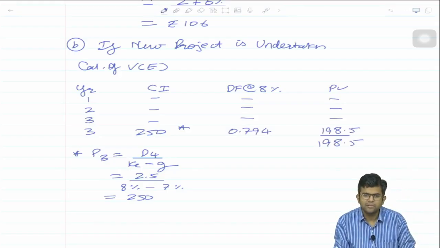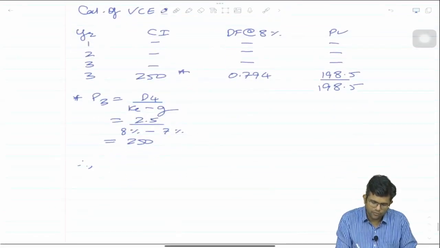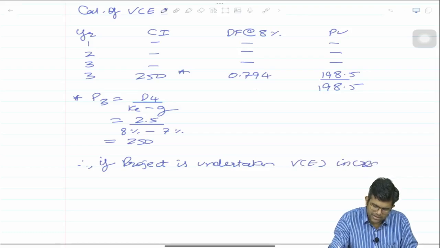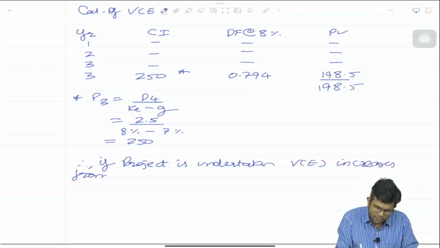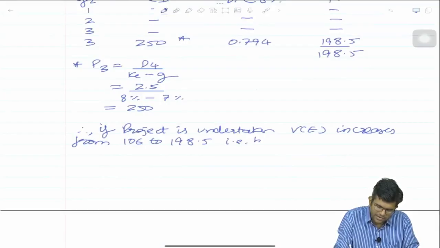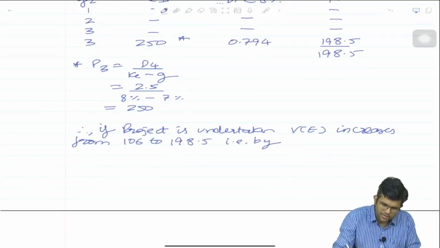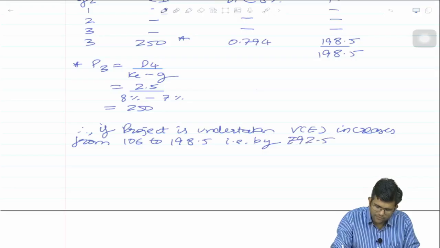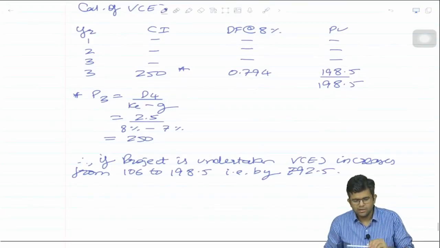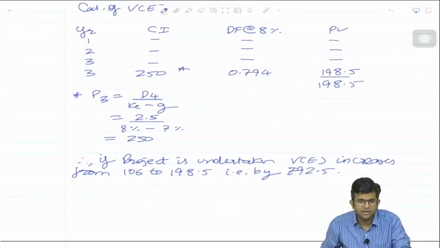Everyone clear? Therefore, if the project is undertaken, the value of equity increases from 106 to 198.5, that is by rupees 92.5. Everyone clear? So you might think, sir, but look at this, 3 years.